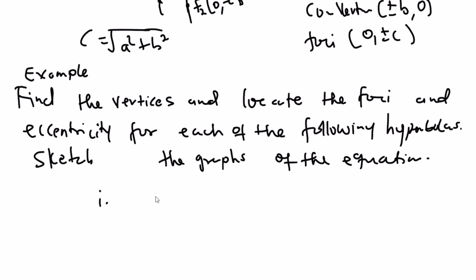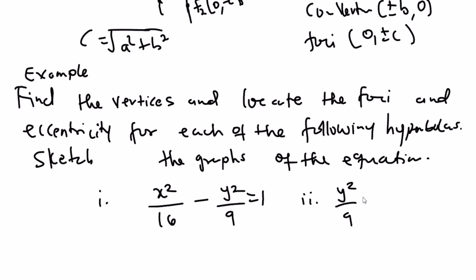Now the first one is x squared on 16 minus y squared on 9 equal to 1. Then the second one is y squared on 9 minus x squared on 16 equal to 1.